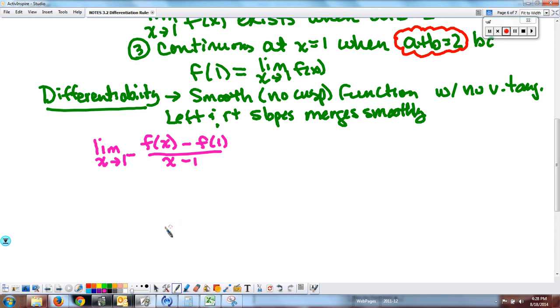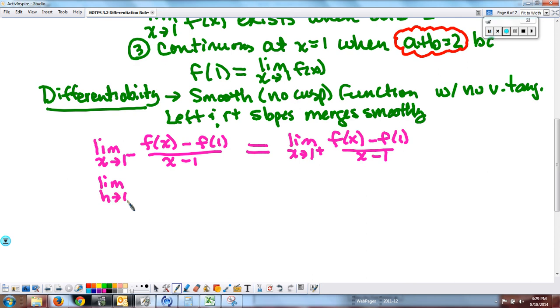And then we would also do the limit as x approaches 1 from the right of f of x minus f of 1 all over x minus 1. And we would have made sure that they were the same. That's the whole smooth part of it, that we wanted to make sure that those two are equal to each other. We could have used, instead of the alternate form, a limit as h approaches 0 of f of 1 plus h minus f of 1 all over h.